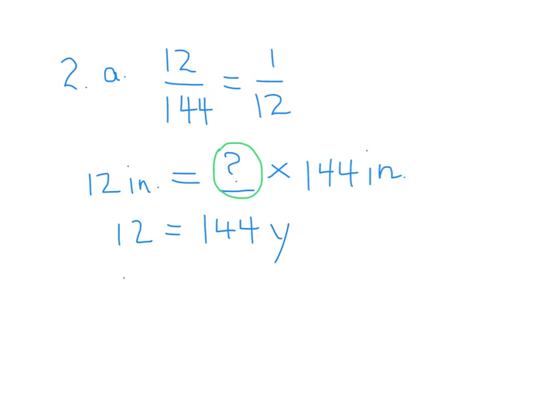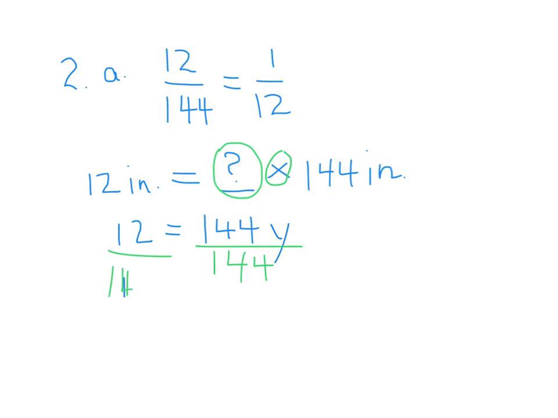If I'm trying to solve an equation, then the way for me to solve it is to do an opposite operation. And remember, the opposite operation from times is to divide. So I'm going to divide by 144.